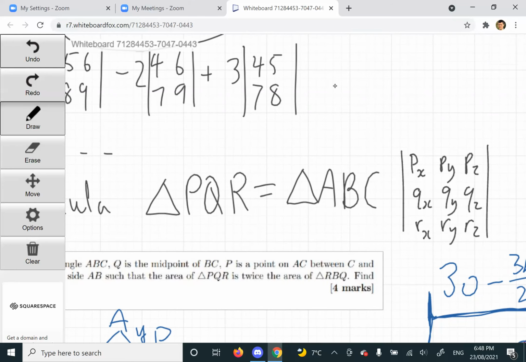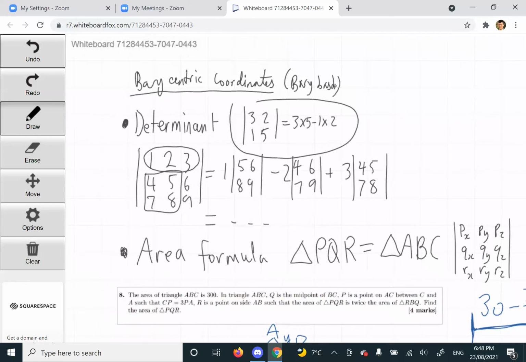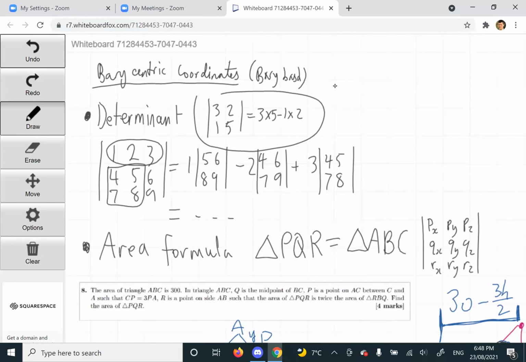If that looks really weird right now, maybe I'll give you a bit of a practice run. It doesn't have to be positive, but I think it ends up being positive if you write it in the right order, maybe clockwise or anti-clockwise. Otherwise, it's just going to be the negative of the answer. Okay?